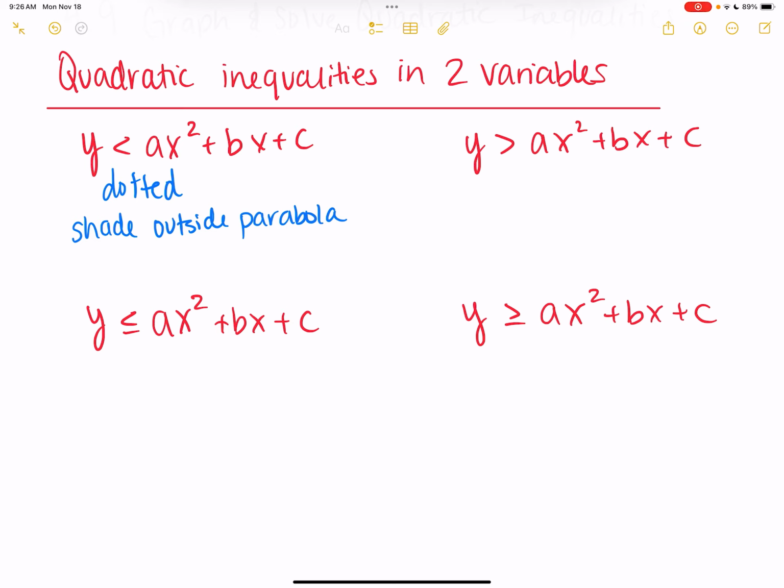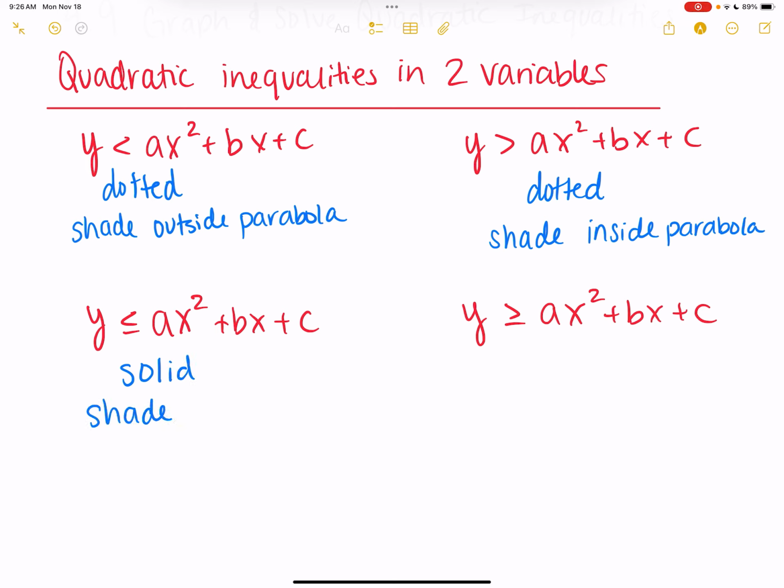For y greater than ax squared plus bx plus c, that is also dotted. But this one we shade inside the parabola. For less than or equal to, it's solid, and we shade outside the parabola.